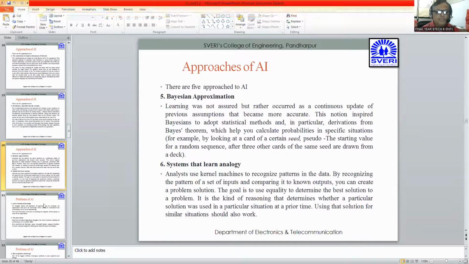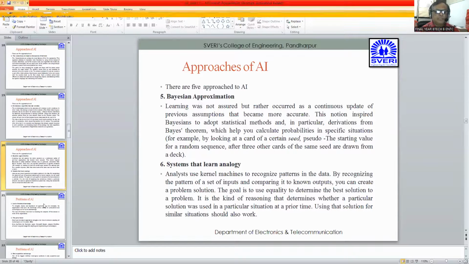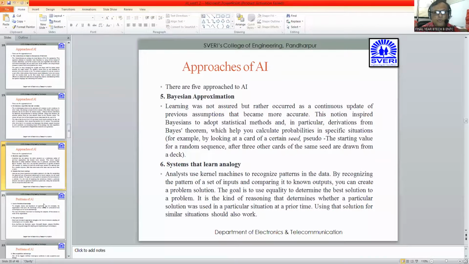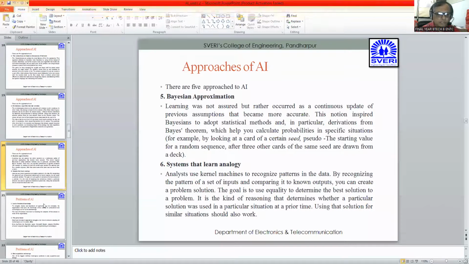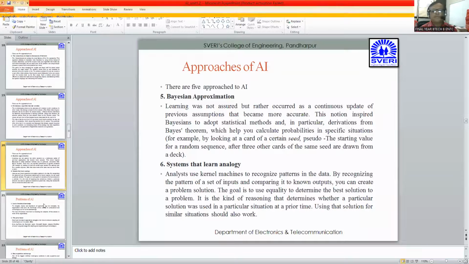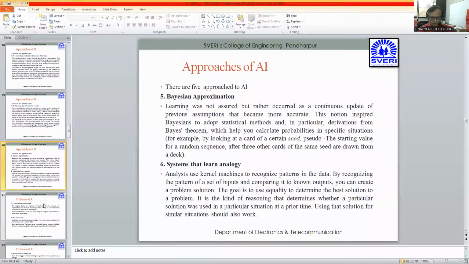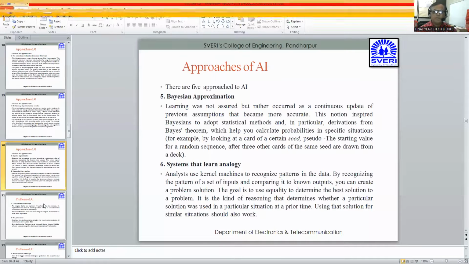The goal is to use equality to determine the best solutions to the problem. So the most important thing is how you're going to determine and tell the best solution to that problem. It is the kind of reasoning that determines whether a particular solution worked in a particular situation at a prior time. There are situations where one solution can work, but in a similar situation that solution may not work.